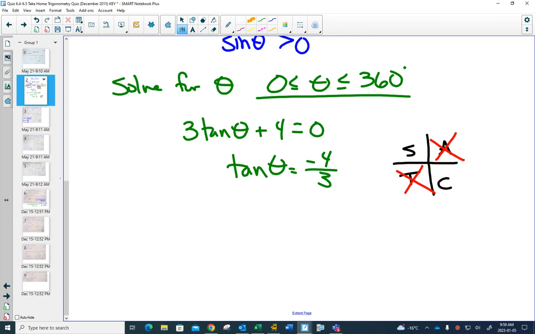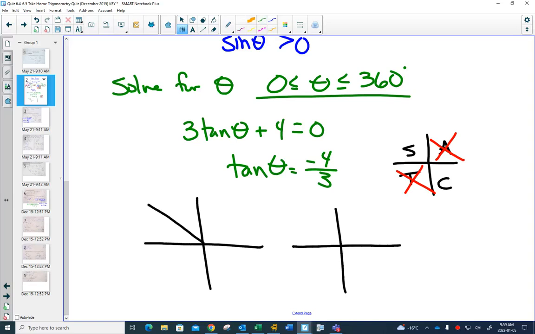So it must be in quadrant 2 and quadrant 4. And we can draw then an angle in quadrant 2, and we can draw an angle in quadrant 4. And with each of these angles, you can draw a right-angled triangle back to the nearest x-axis so that you have a reference angle.